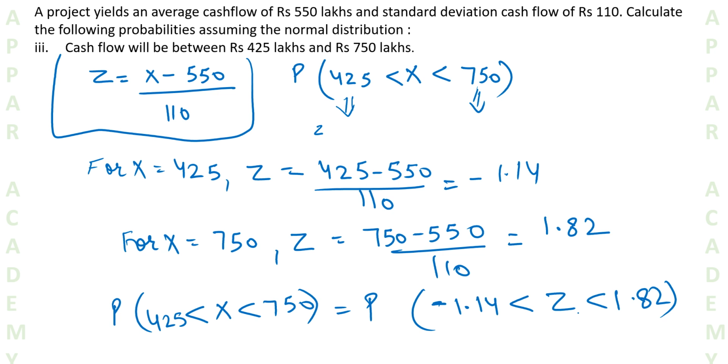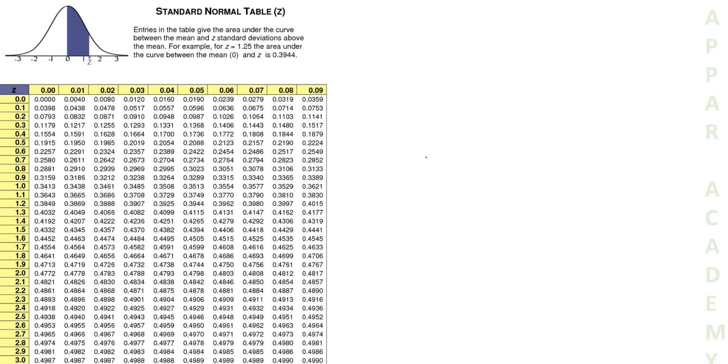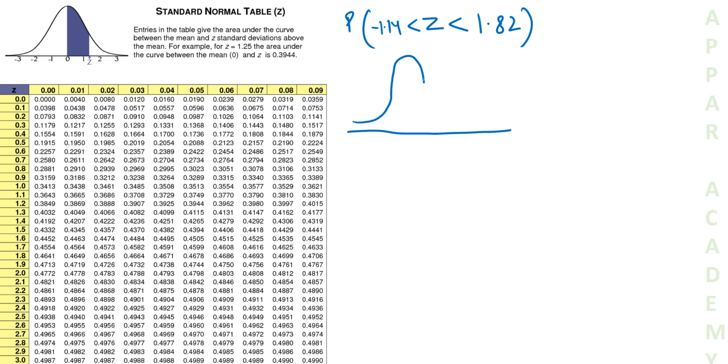So we now just have to calculate these probabilities. Let's write it down over here. We need to find the probability that z lies between minus 1.14 and 1.82. Again, we will sketch it out, that becomes easier.